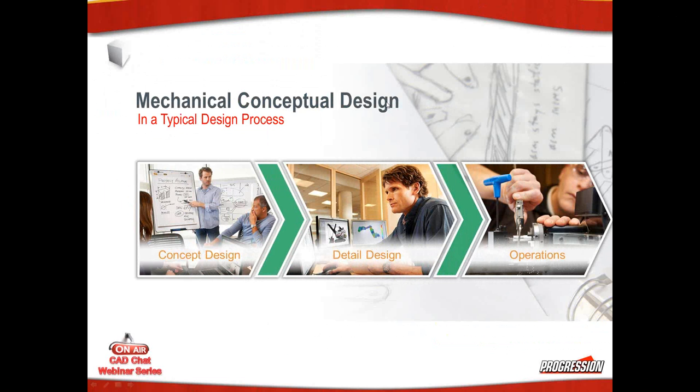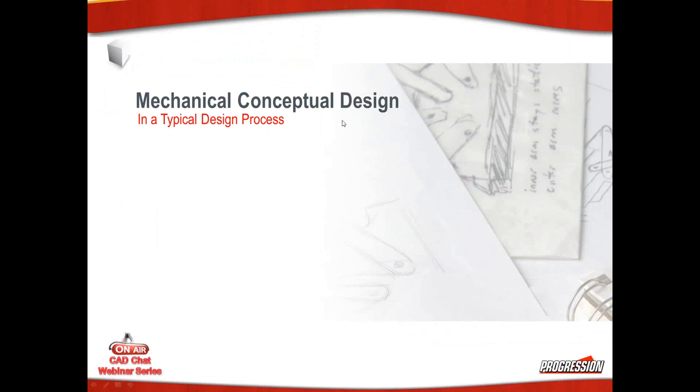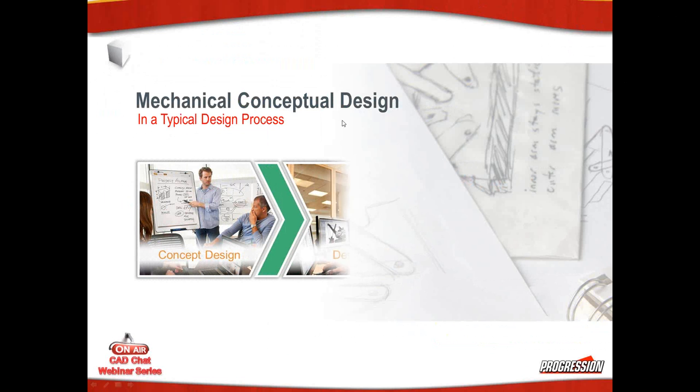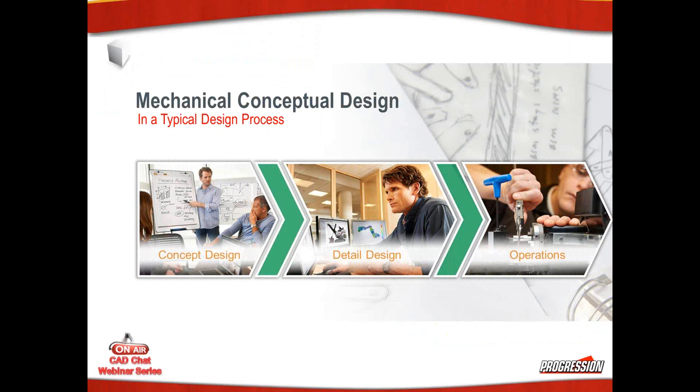As we get into discussing mechanical conceptual design, you'll see the typical design process, as we've discussed many, many times over the years, is to have those conceptual design discussions. They often are done on whiteboards, dry boards, blackboards, paper, napkins, things like this. And that process can take a good amount of time in the early stages.